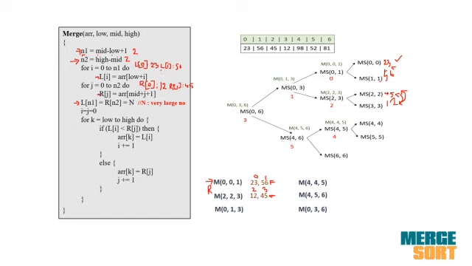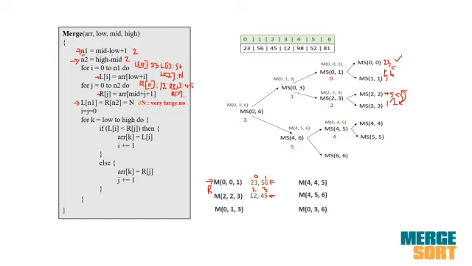I'll show you why it is done. So L2 will have the value n, which is a very large number, and again R2 will also be assigned that same number n.